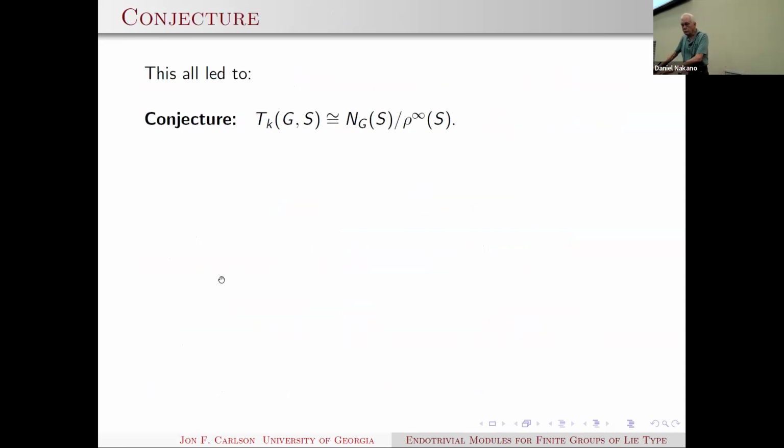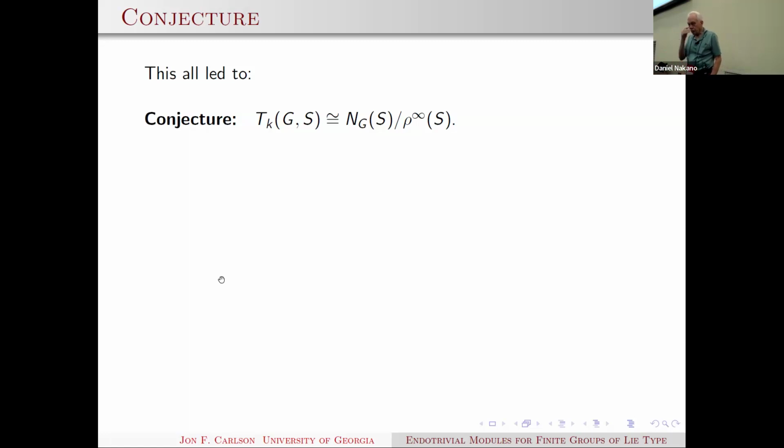So this led to a conjecture, and that is that in general, this group of Sylow-trivial endotrivial modules is the normalizer in G of S, modulo anything that you can get from running these rho things. The rho i's are going to converge after a short period of time because we are, after all, in a finite group, so it won't go on for long.